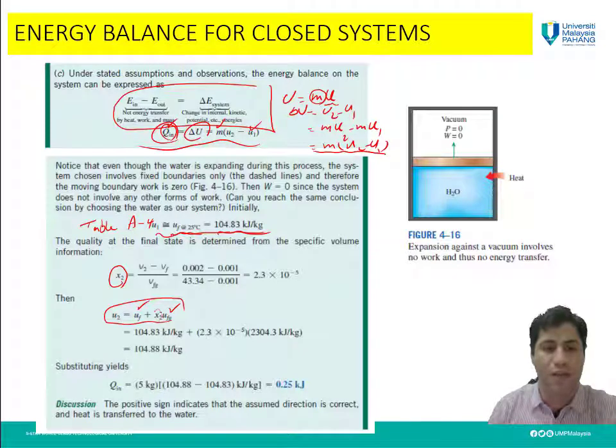What we don't have here is x2. Both of these can be found from the table, but we don't have x2. How can we find this x2?